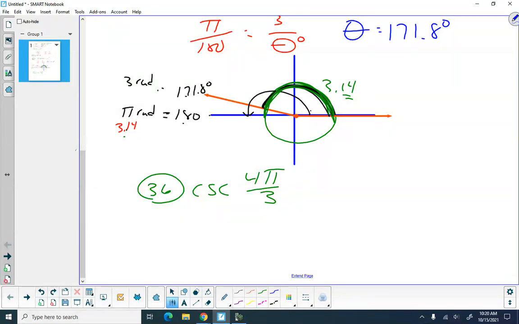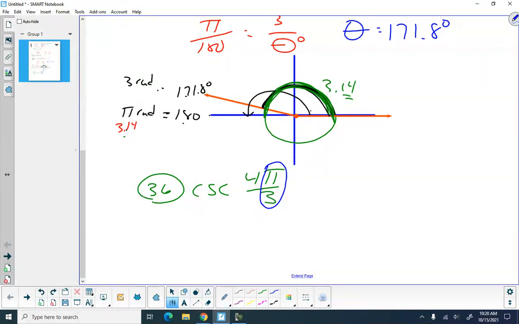Now, one of two things. You can do clickety-clack, 4 times 180 and divide it by 3, which is fine. If you want to advance yourself in your mental math, pi over 3 would be how many degrees?